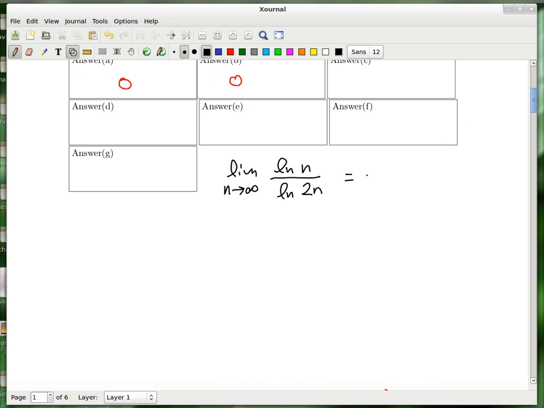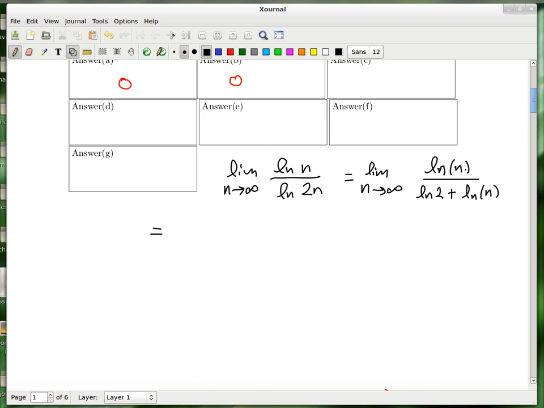This is the first way that occurred to me, is to use the laws of logs to rewrite the thing. You could do ln n on top, and on the bottom, by the laws of logs, you can break this up into ln 2 plus ln n. So times becomes plus with log. That's one of log's killer features.